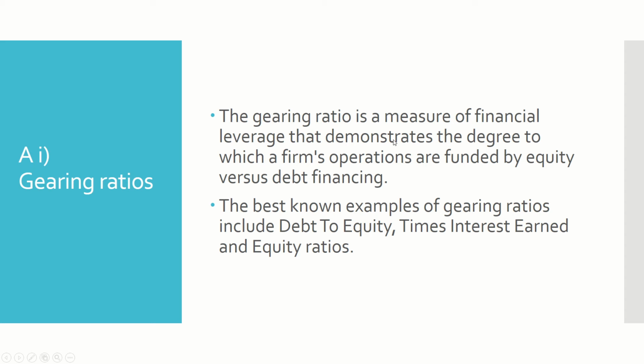It demonstrates the degree to which a firm's operations are funded by equity versus debt financing. The best known examples of gearing ratio are debt to equity ratio, times interest earned and equity ratio.